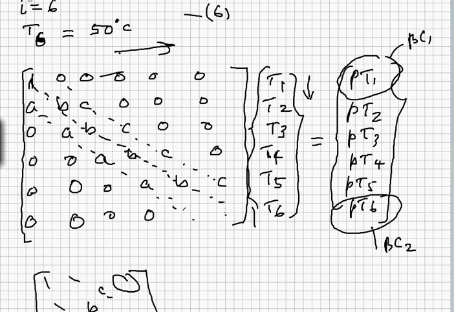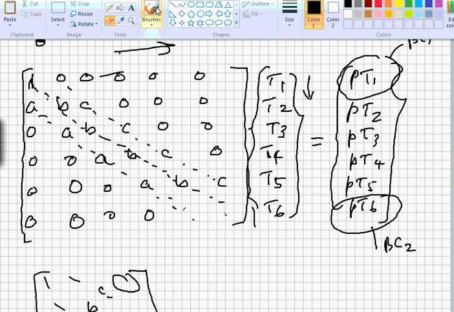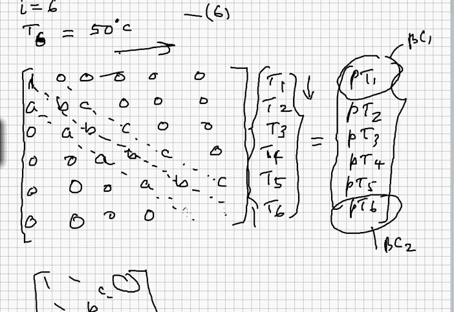That's not an internal node. So let me go back and grab this. This will still be 0 and this will be 1. Then only you can say T1 is 0. When you multiply, T6 equal to PT6 will be 50. Remember that. This will be 50, and that will recover this equation. So you can't put an A and a B here. So that's a mistake. Make a note of that.